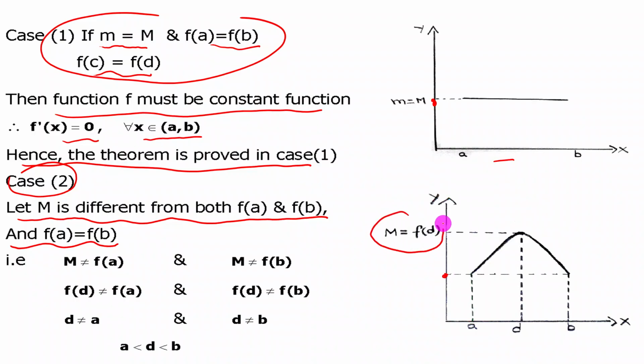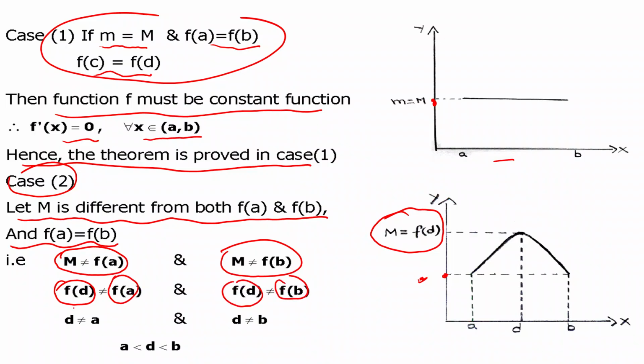Capital M is different from f(a) and f(b). So M is not equal to f(a) and M is not equal to f(b), that is, as I mentioned earlier, f(d) is not equal to f(a) and f(d) is not equal to f(b). That is, d is not equal to a and d is not equal to b, then a is less than d, which is less than b.